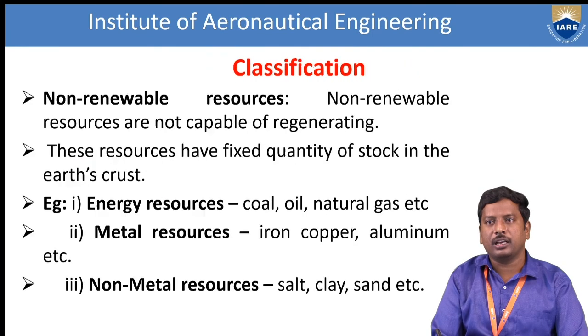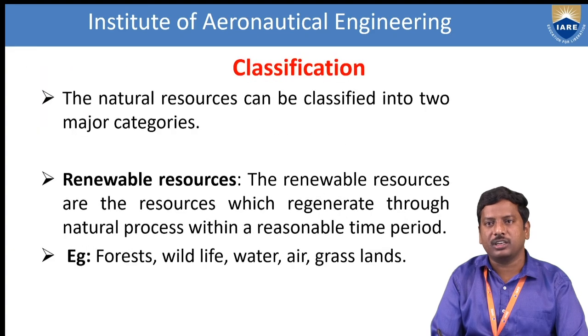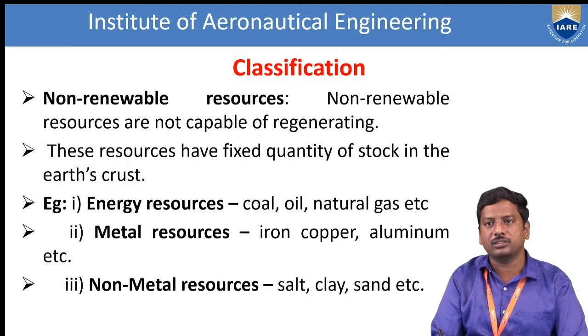So totally, the classification of the resources mainly takes place by the renewable resources: forest, wildlife, water, air and grasslands. After that we see non-renewable resources, mainly energy resources like solid fuels, coal, liquid fuels, oil, and gaseous fuels, natural gas. After that we discuss the metal resources, especially iron, copper, aluminum.